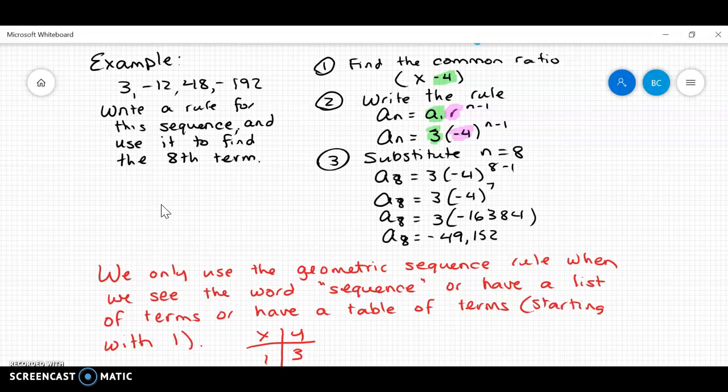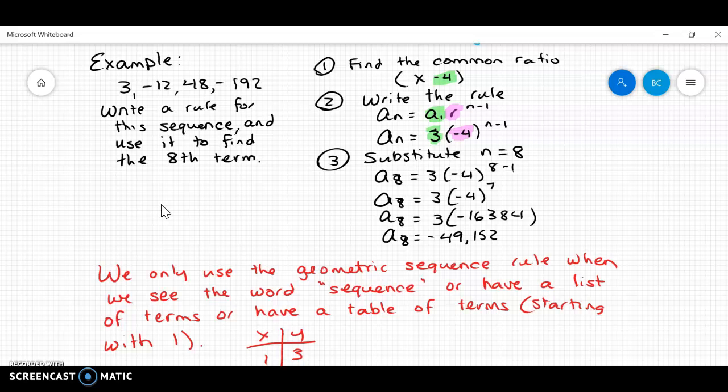I keep saying rate, but it actually stands for common ratio. I think you could use them interchangeably, although technically rate really is more of a percentage. So it's better to be accurate about the vocabulary, which is common ratio. So that's what I'm multiplying by each time.